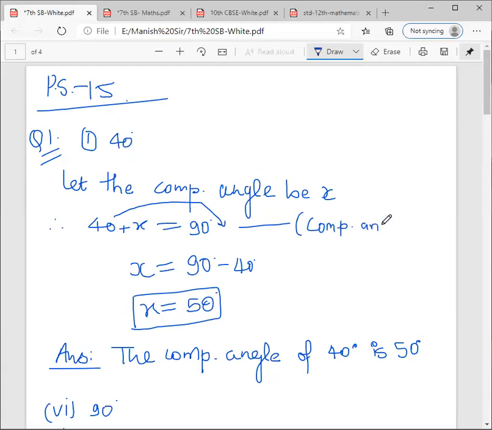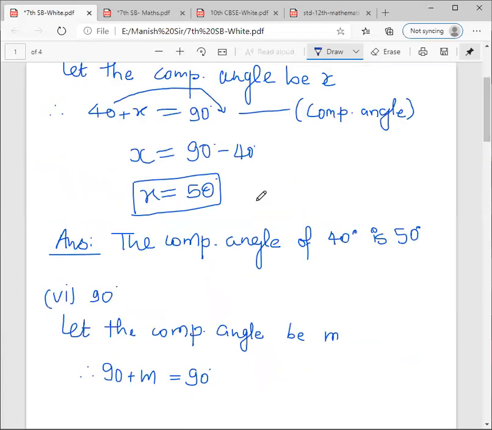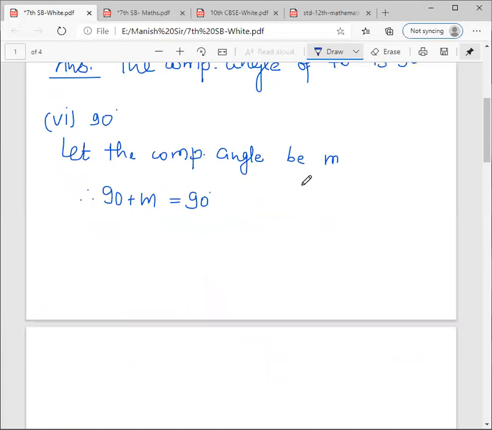So you have to mention the reason also. This is the correct method. Why have I written summation is 90°? Because in the question, they have mentioned these two angles as complementary of each other. So we will write the reason as complementary angle.